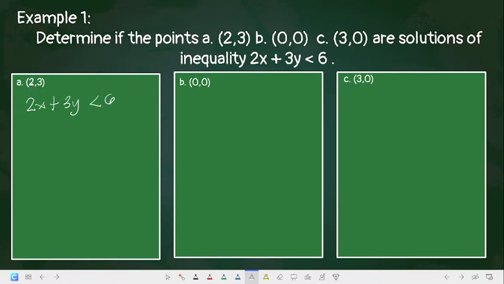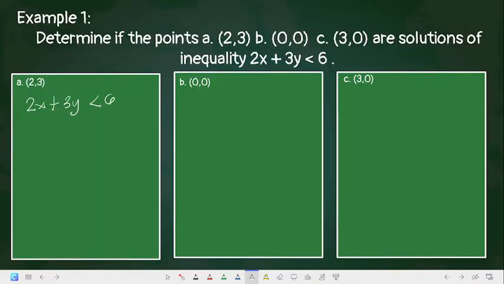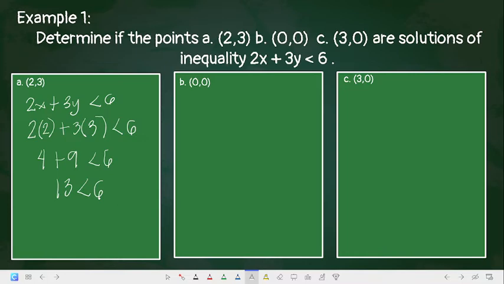Our x is 2 and our y is 3, so we substitute: 2 times 2 plus 3 times 3 less than 6. 2 times 2 is 4, plus 3 times 3 is 9, so 4 plus 9 is 13 less than 6. Is 13 less than 6 true or false?